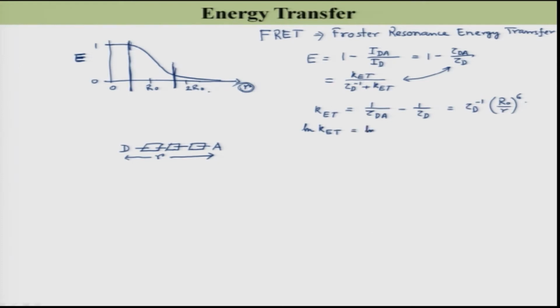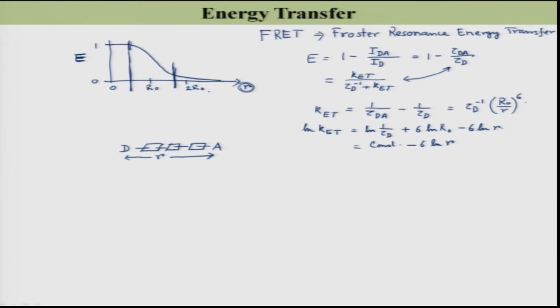So, ln 1 over tau_D, because this is tau_D inverse, I took the ln, plus 6 ln R_0 and then minus 6 ln r, right. So, ln 1 over tau_D is a constant, 6 ln R_0 is a constant because R_0 is a constant. So, some constant minus 6 ln r.